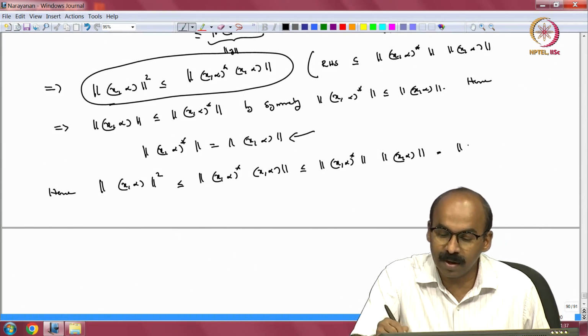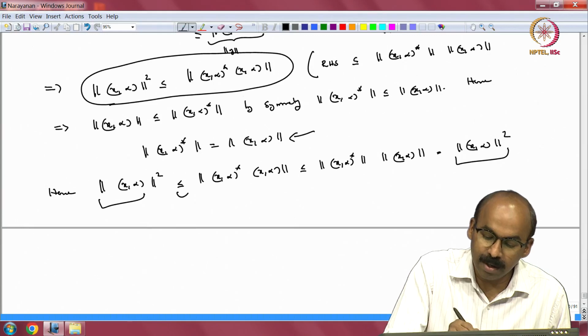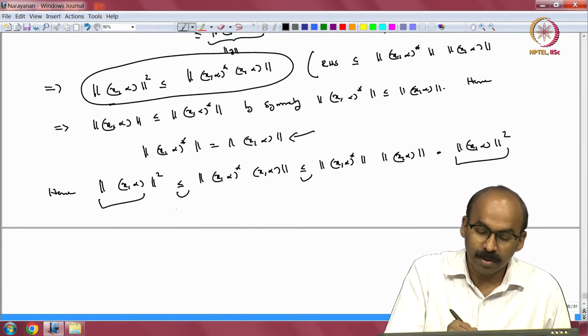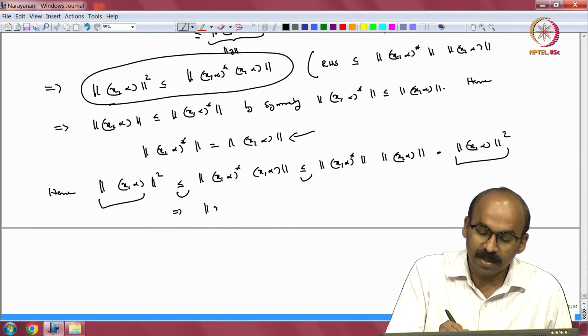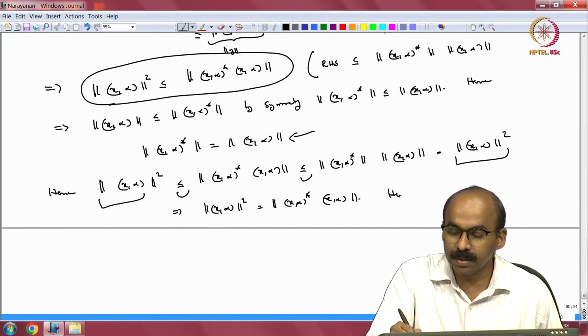So, this is norm x alpha square. Okay. So, I have something here, I have something here, and inequalities in between. So, everything should be equal, right. So, this implies norm of x alpha square equals norm of x alpha star x alpha, which is the C star identity. Okay. So, hence A tilde is a C star algebra.